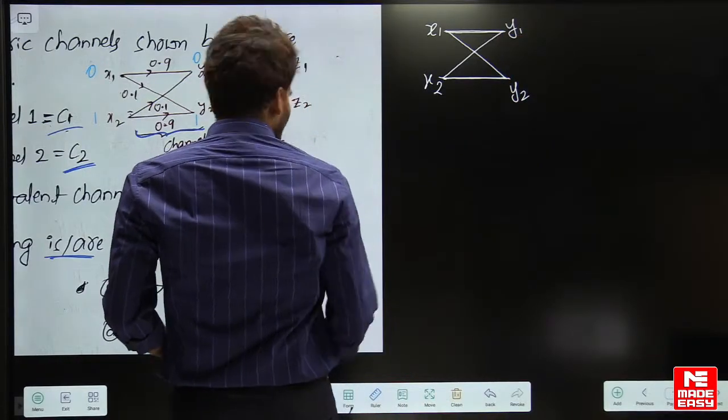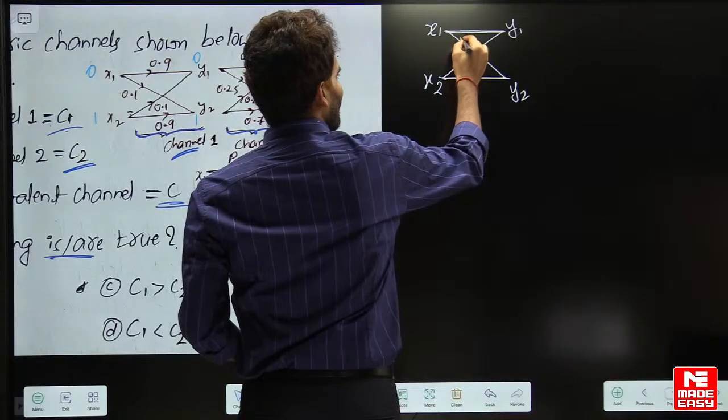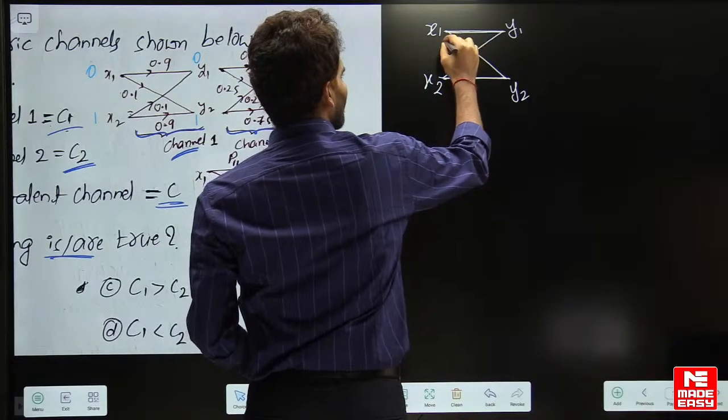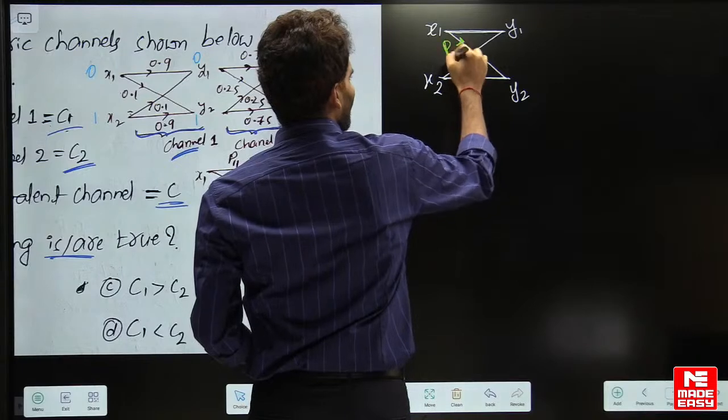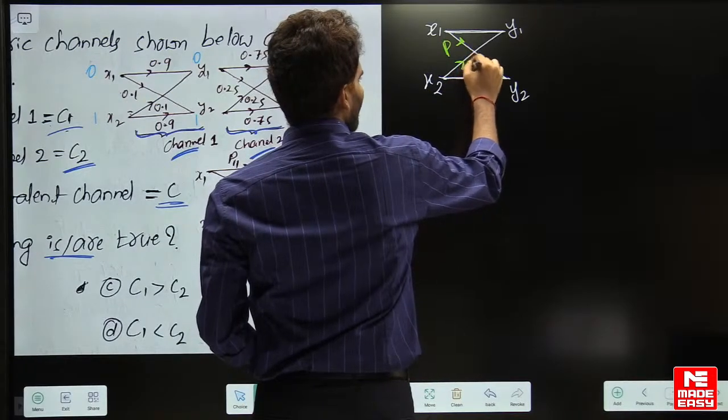For a binary symmetric channel, P1 by 0 and P0 by 1 will be the same.